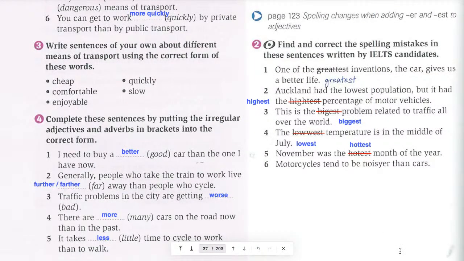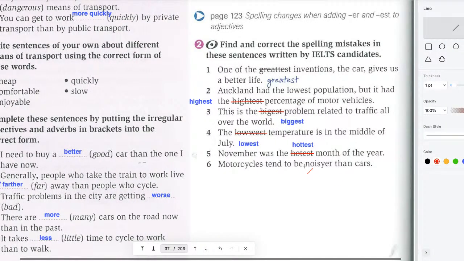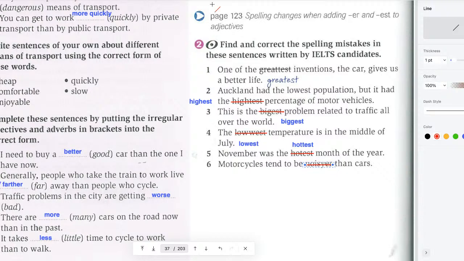Motorcycles tend to be noisier than cars. Yeah, so which one is wrong? We change Y to I. Yes, noisier, right? We replace Y by I, so we have noisier. Okay? Motorcycles tend to be noisier than cars.